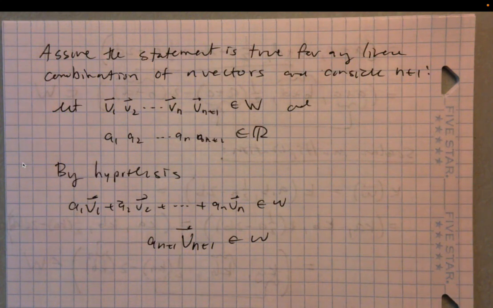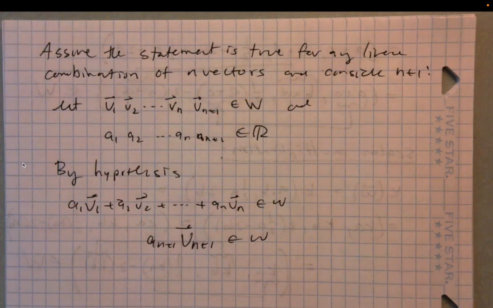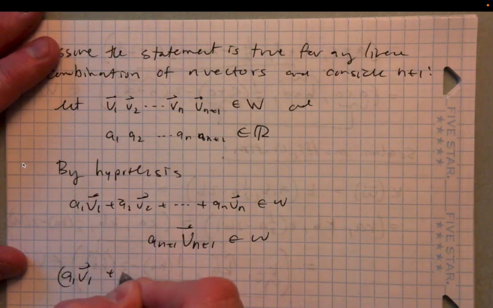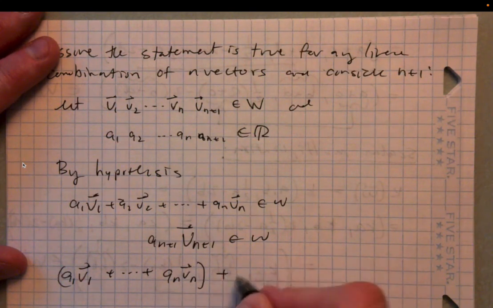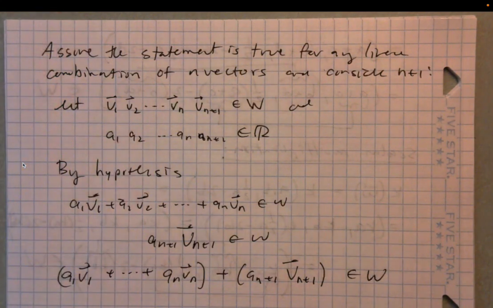And so for the same reasons as before, we can just combine these two. This is a vector in W. This is another vector in W. I can add them together, and I get another vector in W. Right? So A1 V1 plus dot dot dot plus An Vn, plus An plus 1 Vn plus 1, that must be in W as well.